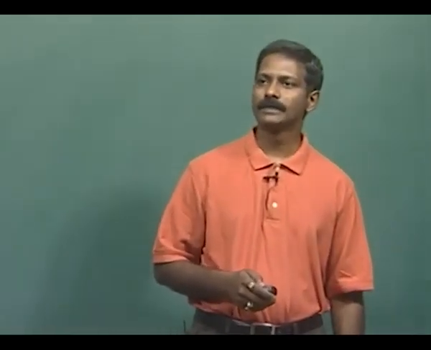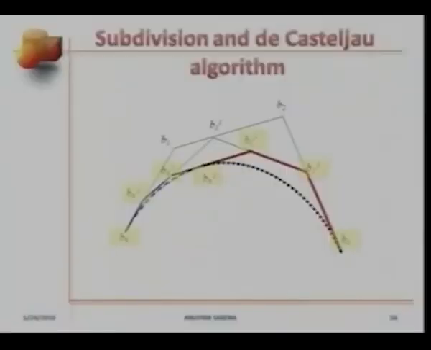We also studied subdivision, where given a Bezier segment, we could subdivide that in two different Bezier segments of the same degree without changing the shape of the segment by itself.